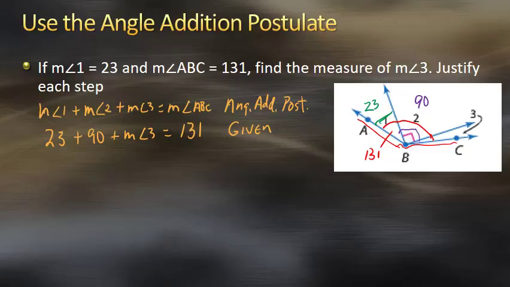All right, let's see. 23 plus 90 equals 113, plus the measure of angle 3 equals 131. And I can say that that is substitution.